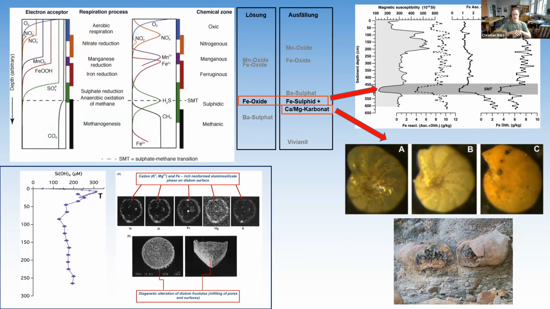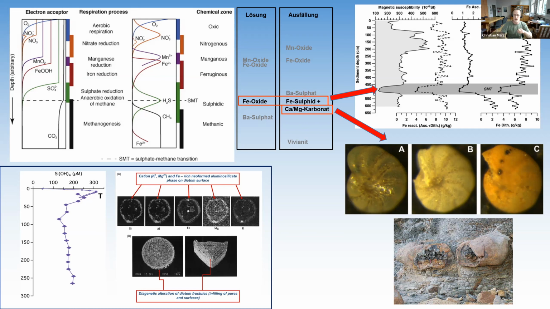And this is again a slide where I've tried to summarize some of the things that will happen in such a diagenetic sequence, schematically shown on the left, in terms of mineral dissolution and precipitation, and what that might look like in a sediment core or in an outcrop. So I'm focusing again on the sulfate methane transition.